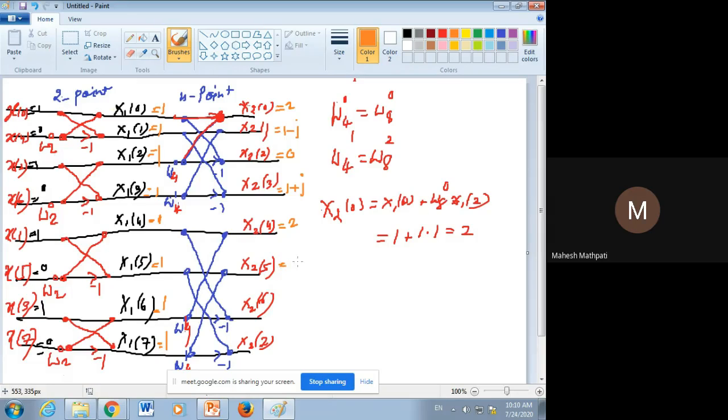Then x2 of 5 is 1 minus j. And x2 of 6 is 0. And x2 of 7 is 1 plus j.